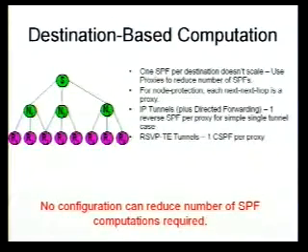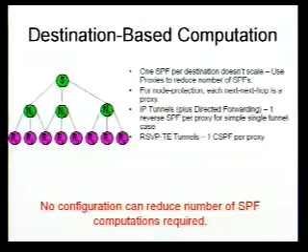Then there's really a destination-based computation approach, which is more the IP tunnels and also RSVP-TE tunnels. Now, clearly, you're not doing one SPF per destination. Instead, what you do is you use a proxy in order to reduce the number of SPFs that are necessary.